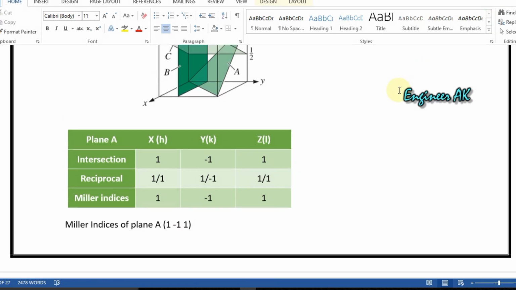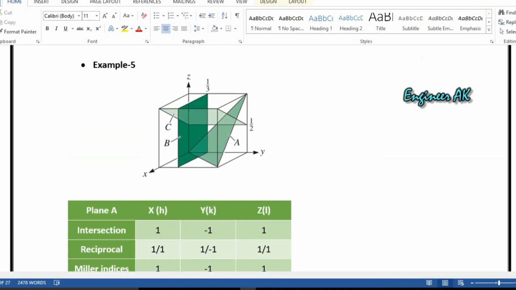Now let's move toward plane B. Let's suppose I am taking this as my origin, right? If I move in the x-axis, it is not cutting the plane, so it becomes infinity, right?